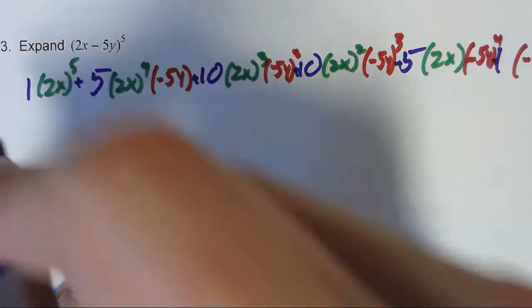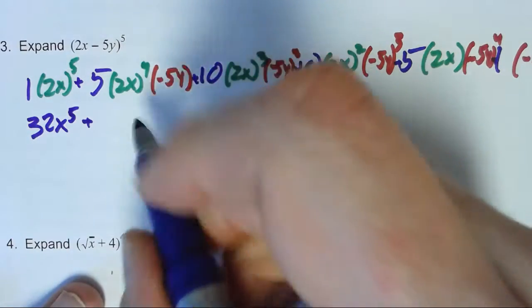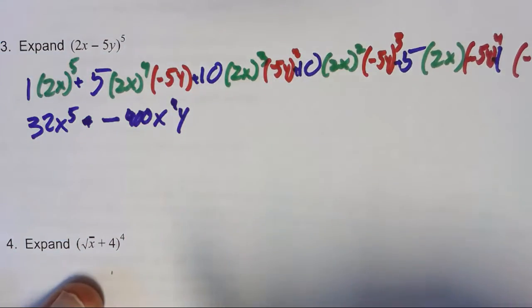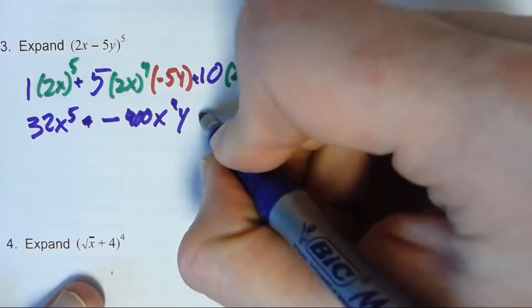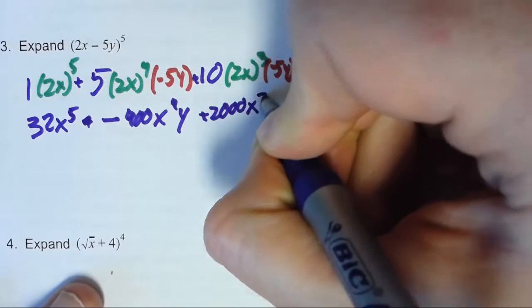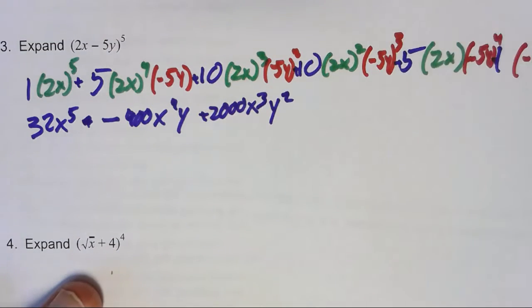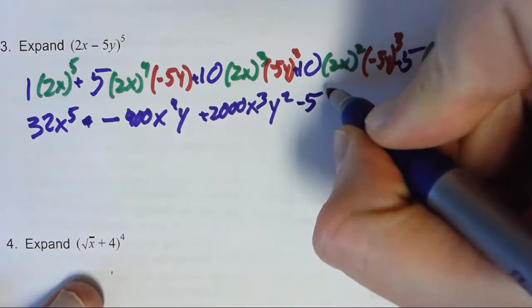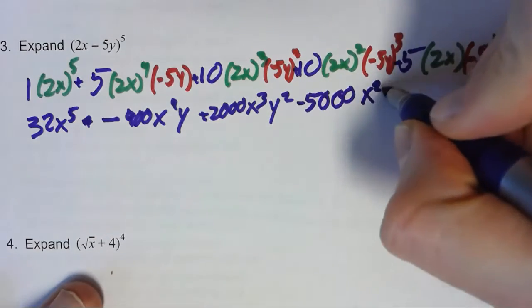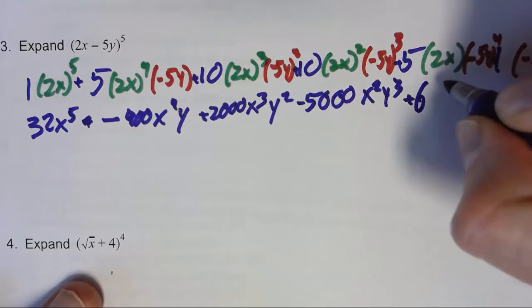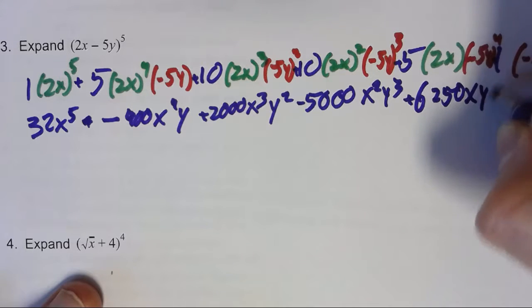2 to the 5th is 32, x to the 5th. 5 times 2 to the 4th times negative 5 means we're going to subtract 400, x to the 4th y. 10 times 2 cubed times negative 5 squared is going to be positive 2,000, x cubed y squared. 10 times 2 squared times negative 5 cubed is negative 5,000, x squared y cubed. 5 times 2 times negative 5 to the 4th is positive 6,250, x y to the 4th.